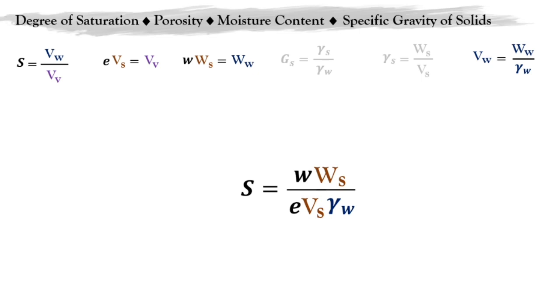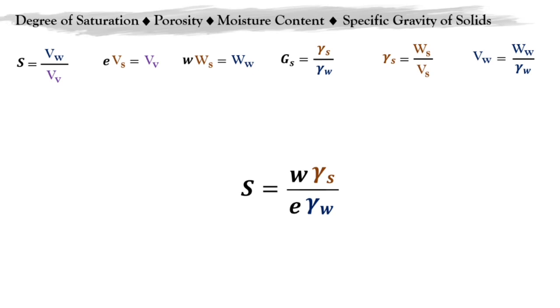If you notice, the weight of solids over the volume of the soil solids in our degree of saturation equation, which we have simplified, is actually the unit weight of the soil solids. Right? So I can replace that with gamma S. But gamma S over gamma of water is actually the specific gravity of the soil solids.